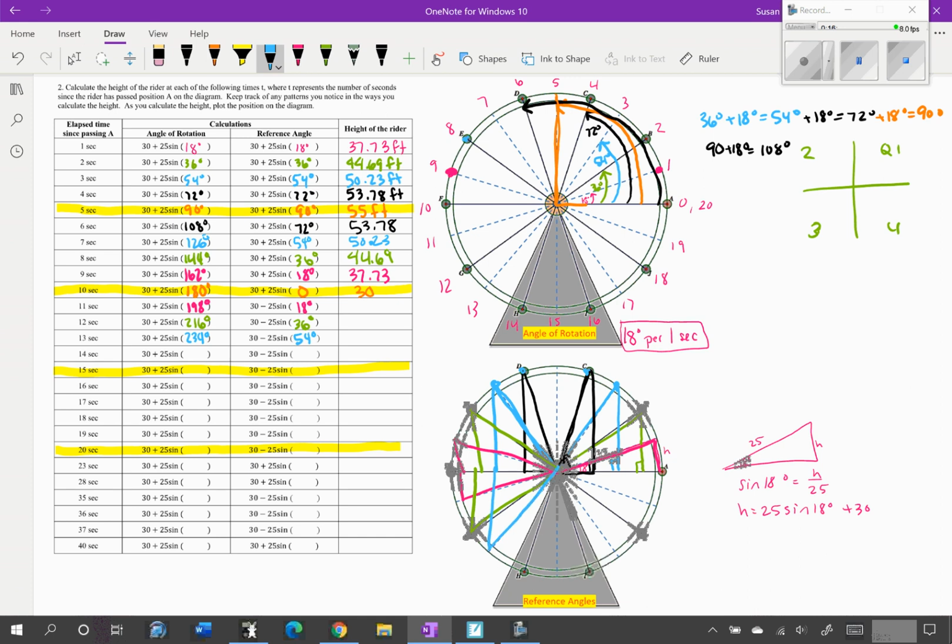And I just haven't done the angle of rotation because it's hard to draw all those pictures on here, but basically that one would be going all the way to 13 seconds from here all the way to here. That's an angle of rotation of 234 degrees, but again, the reference angle we're using is just this angle right here because it's the positive acute angle, which is 54 degrees. So then the next one after that would be adding another 18 degrees.